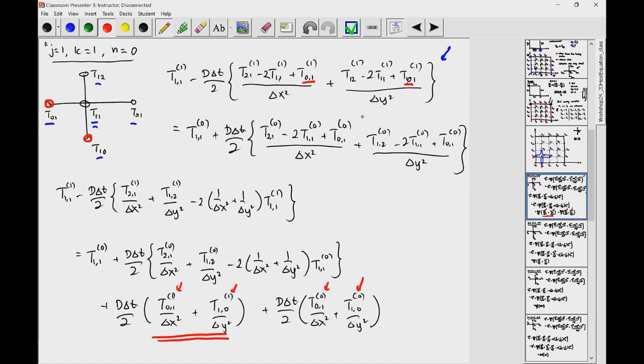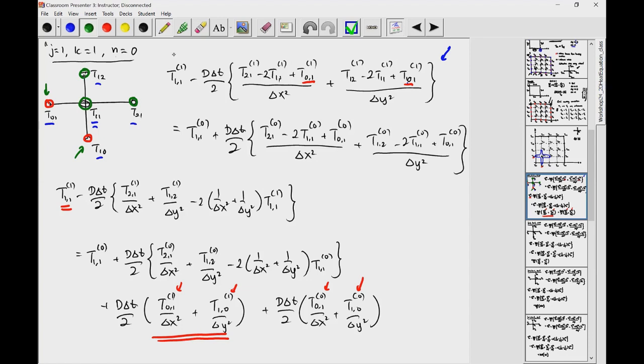So this collocation will give you one equation in terms of 3 unknowns. Okay, so the 3 unknowns are basically your T11, your center point. And if you just look at the stencil itself, if these two are your boundary conditions, then the remaining unknowns are your T11, T21, and T12.